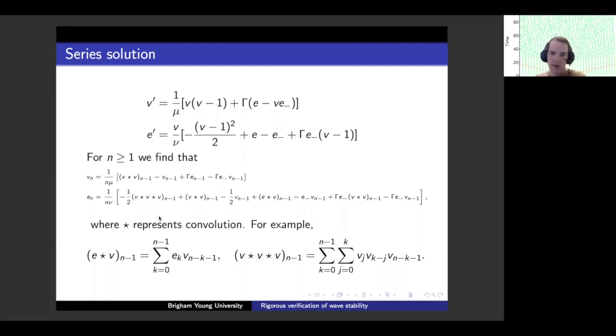Now, one way we could try to do this is to look at the first, say, n terms and show that each successive coefficient in norm is less than some constant to the n power, right? So we could get ourselves set up for a series solution and just use a geometric series to bound the tail end.